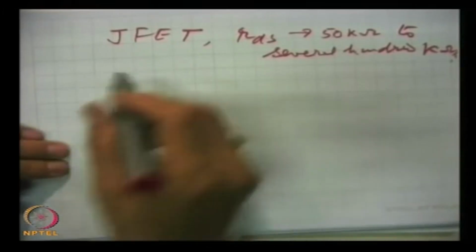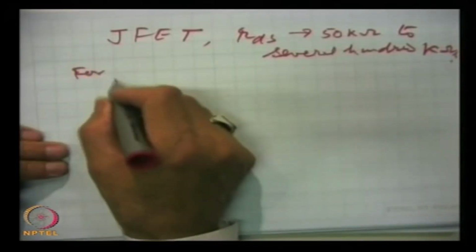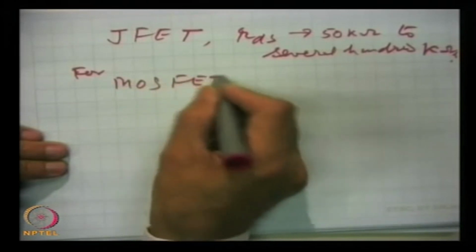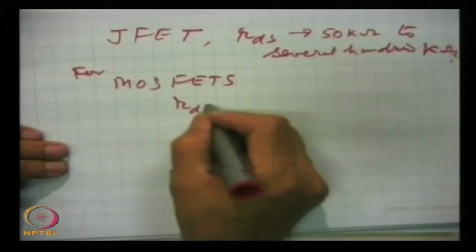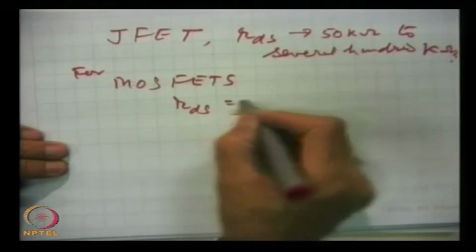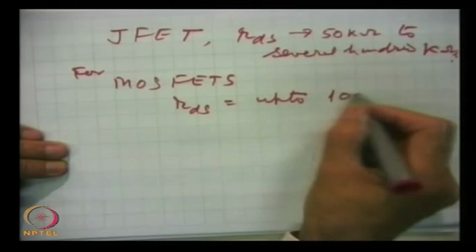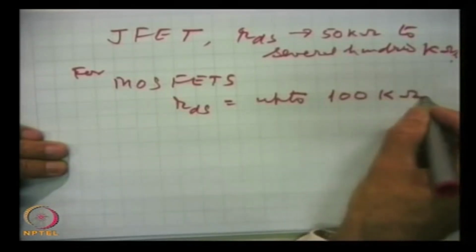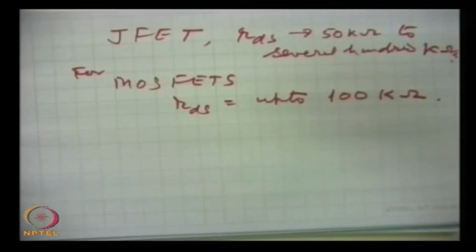And for MOSFETs, RDS is up to 100 kilo ohm. Actually, when we take up actual circuit analysis, we will see that normally smaller resistances will be put in parallel with this RDS. So, the RDS effect will be negligibly small.